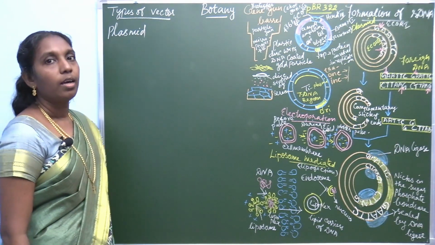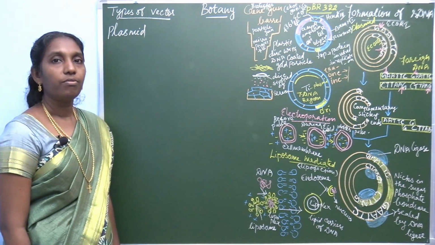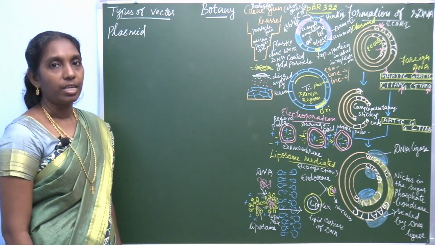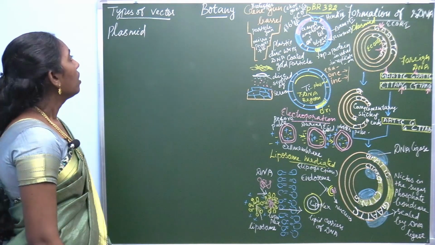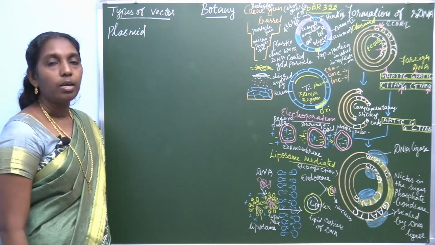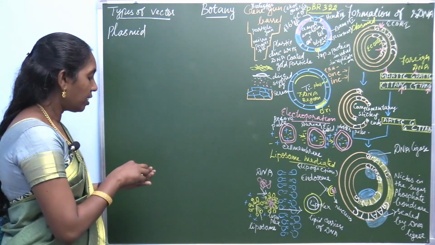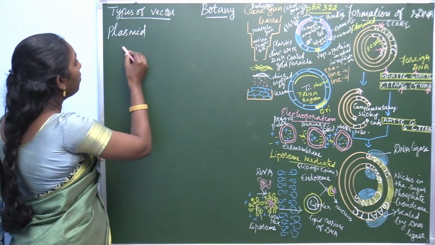As you know, plasmids are very important vectors. These plasmids are present in bacterial cells.